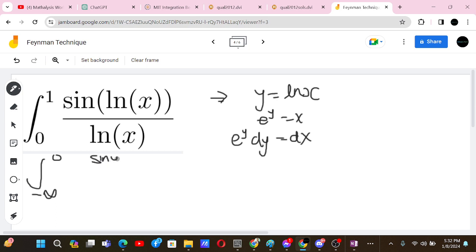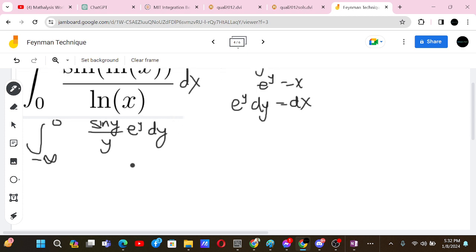Sine y by y times dx, and dx is e to the power y dy. Now it seems like again the necessary change to make is just make it over here minus dy. That will be helpful.